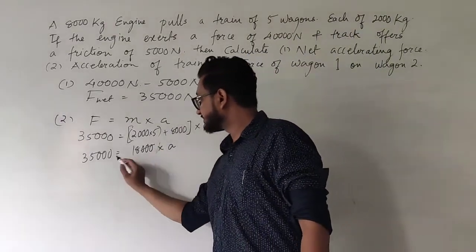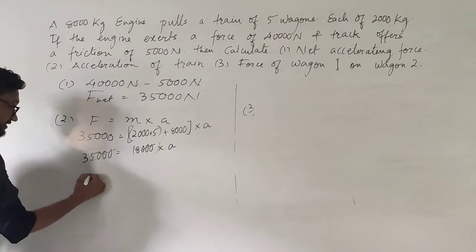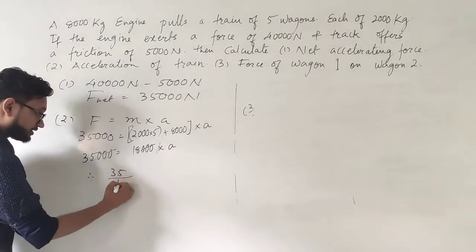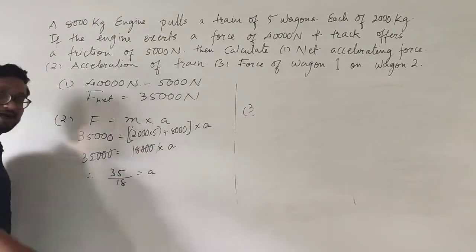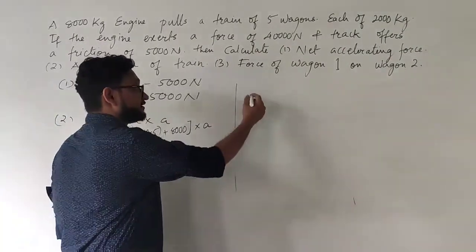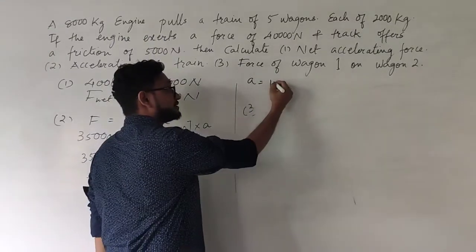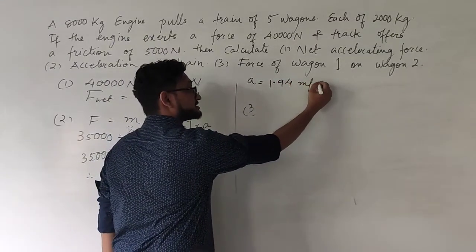Simple, you remove 3 zeros and cross multiply. Therefore, 35 upon 18 is equal to acceleration. Solving this, the final answer is acceleration a is equal to 1.94 meters per second square.